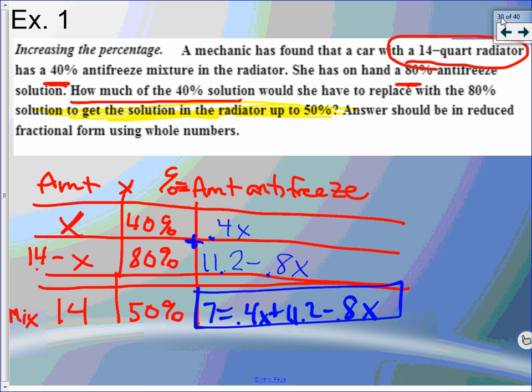Okay, let's solve it. I'm going to combine like terms.